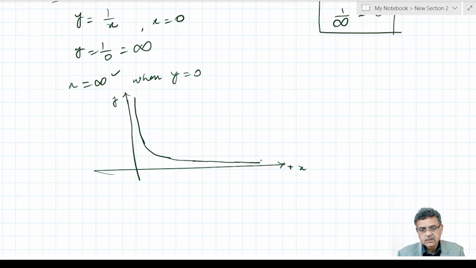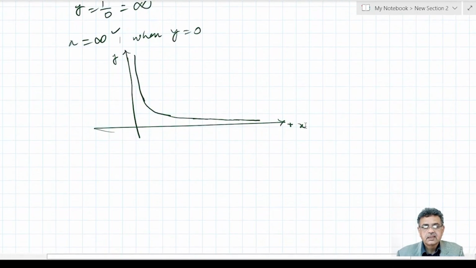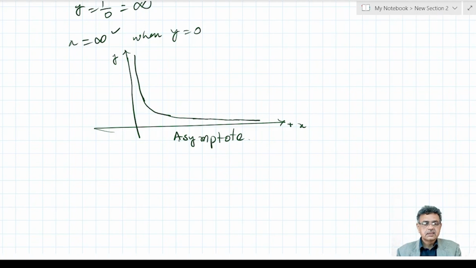So it will not touch the graph at any visible point. In such a situation where the graph gets closer to a line but never touches the line, that line is called an asymptote. This is what we need to know.